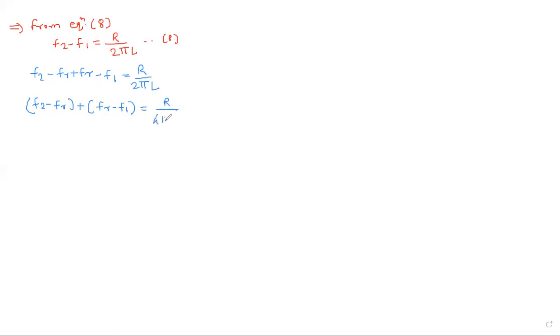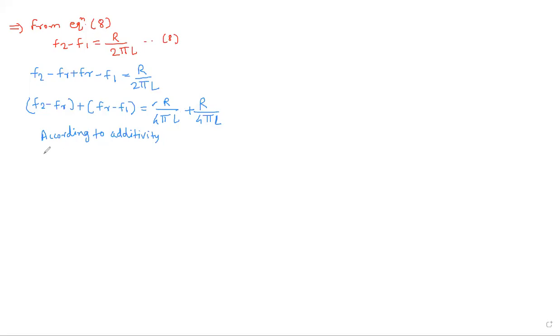R by 4 pi L plus R by 4 pi L. Can I write it like this? Yes, sir. Okay. So I have split 1 into two parts, 1/2 and 1/2. Are you getting my point? So R by 4 pi L plus R by 4 pi L, if you add them you get back the original. Now according to the additivity property, f2 minus fR is equal to this part, because both are the same. So we can take this part as this and that part as that.